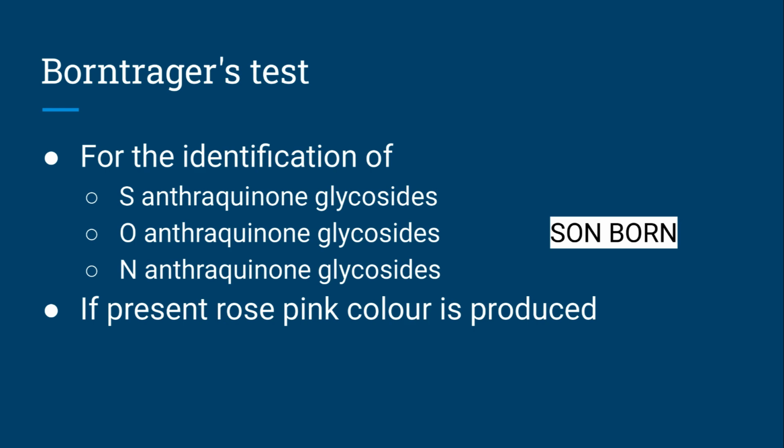Sun glycosides can be identified with Borntrager's test. If sun glycosides are present, rose pink color is produced. Sun glycosides give rose pink color by Borntrager's test.